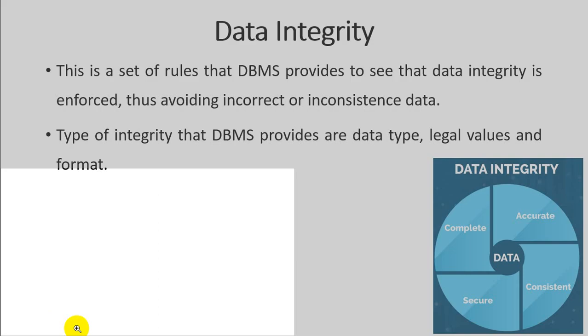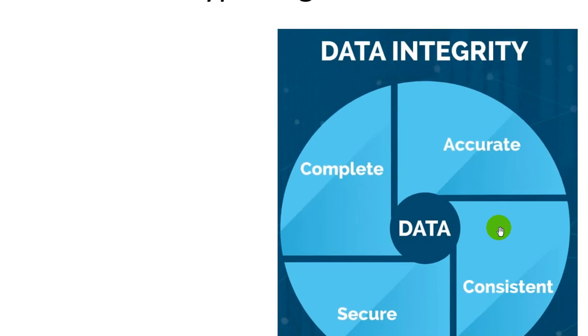Let's see with an example. Data integrity is also concerned with being complete, accurate, consistent and secure. Complete means we provide information with the help of legal values, formats and data types. Accurate means we check whether the information is correct, that is, validation is performed in this section.